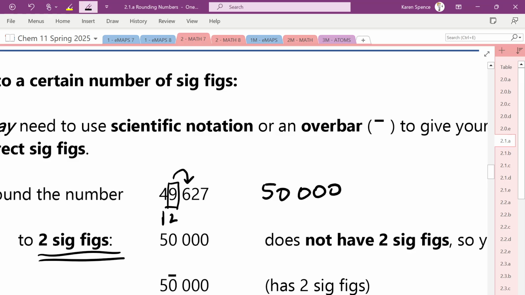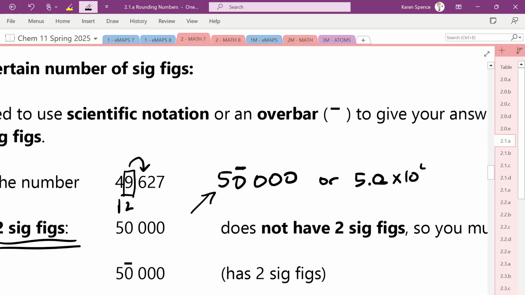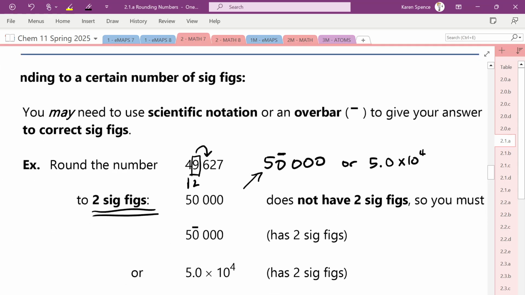But if we need to have 2 sig figs, does this number have 2 sig figs? No. So you either have to put that overbar there and say, yes, now we have 2 sig figs, or say 5.0 times 10 to the 4. Okay, so just watch out for that.